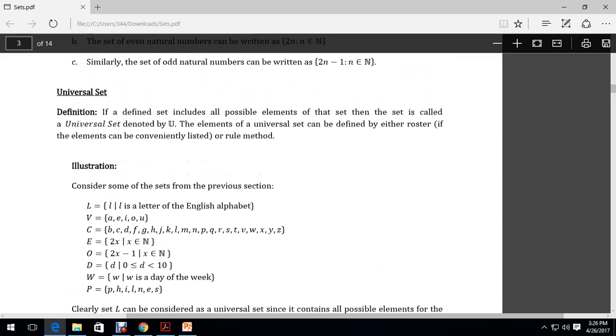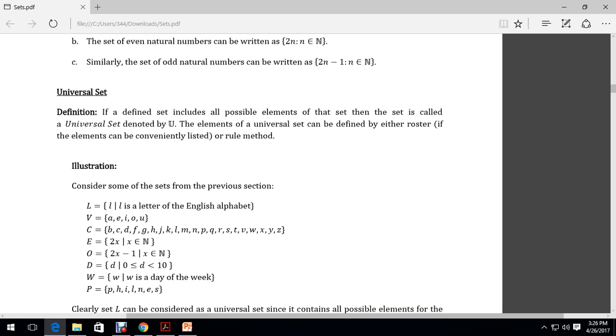Okay, so let's now proceed with what we call the universal set. The universal set is a defined set which includes all the possible elements of that set, denoted by the symbol capital letter U. The elements of a universal set can be defined by roster, or if it is inconvenient to list down all the elements of the given set, then we can alternately use the rule method instead.